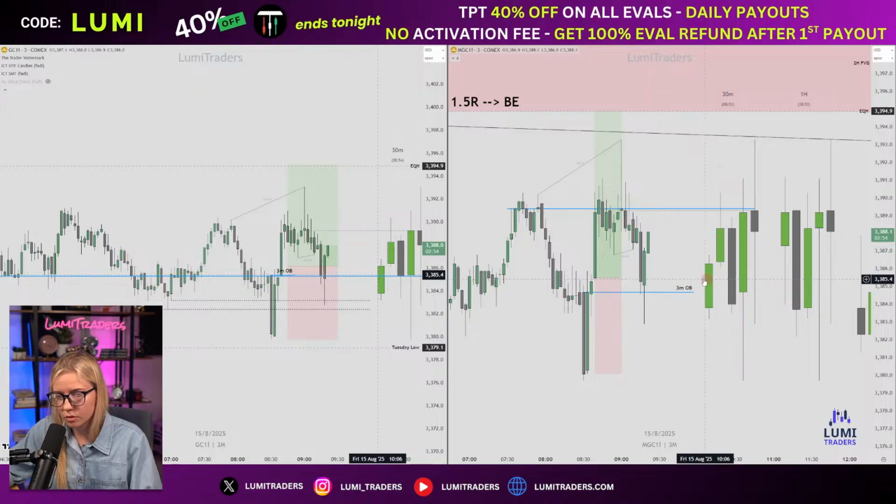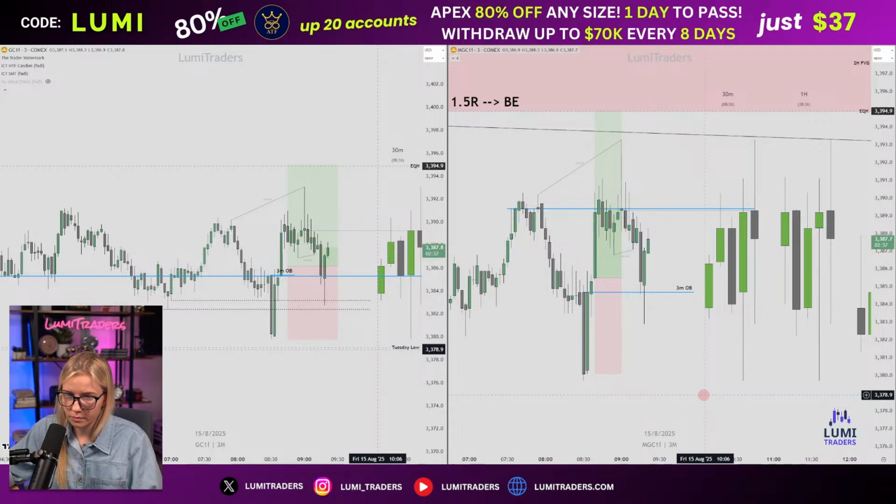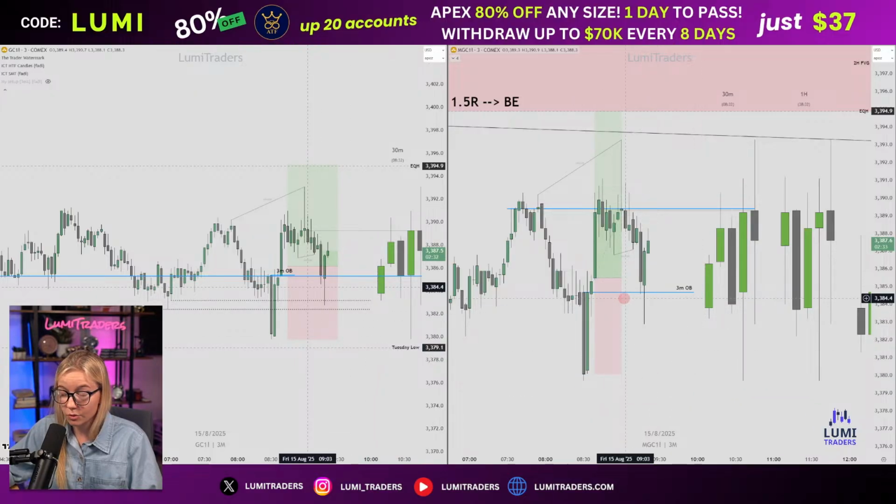We have low resistance to the downside and upside, right? We got the test of the 3-minute order block on both assets, yes, gold and micro gold.